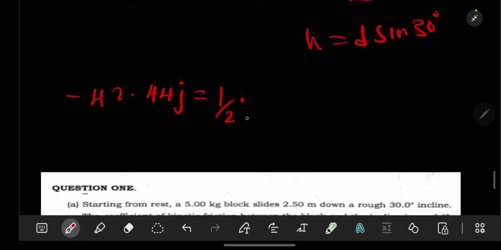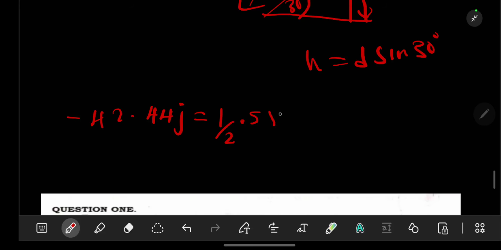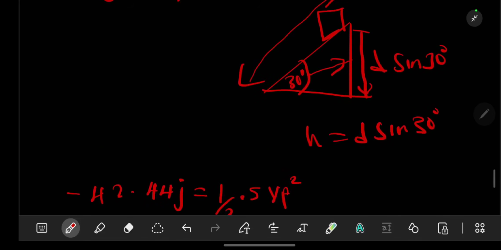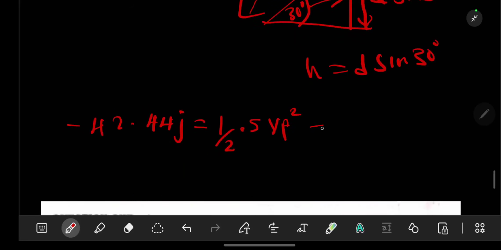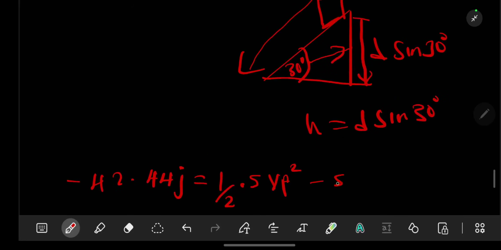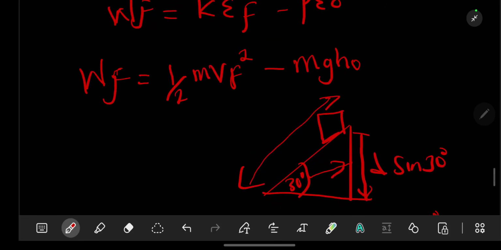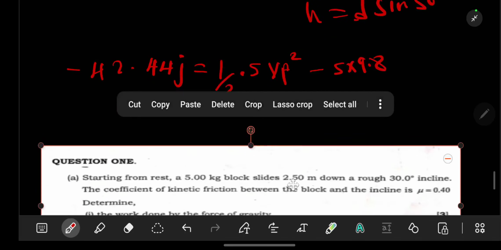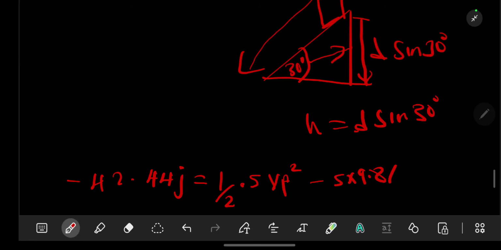Our mass, which is 5 kg, times our velocity final, which we don't know. Then minus our mass, which is 5 kg, times 9.8, times the distance, which is d sine of 30. The distance of the ramp is 2.5, so we multiply by 2.5, then the sine of our 30 degrees.